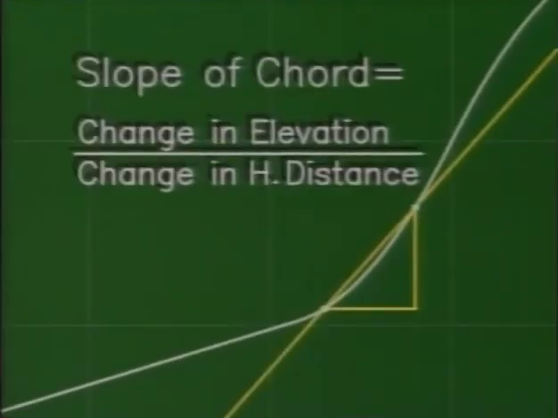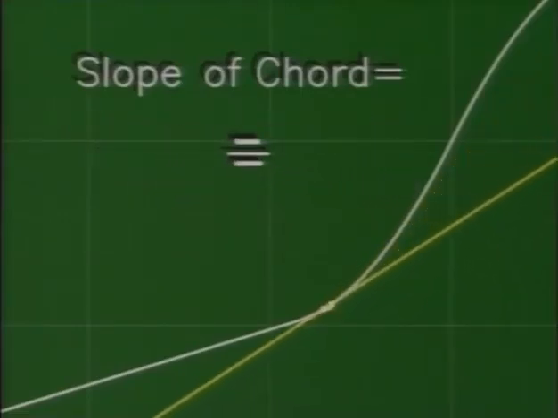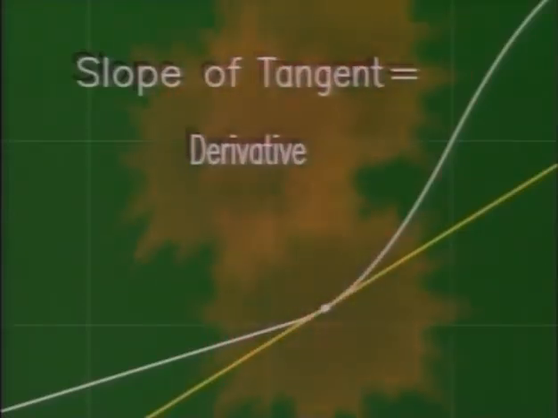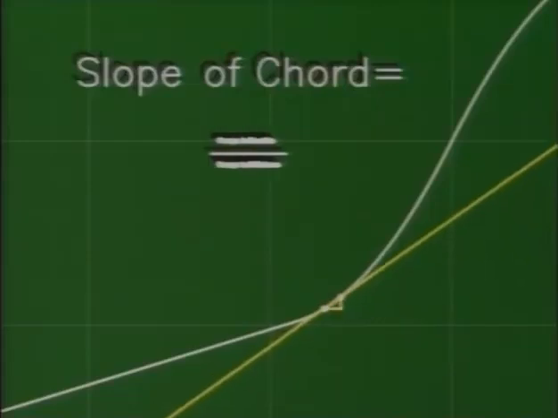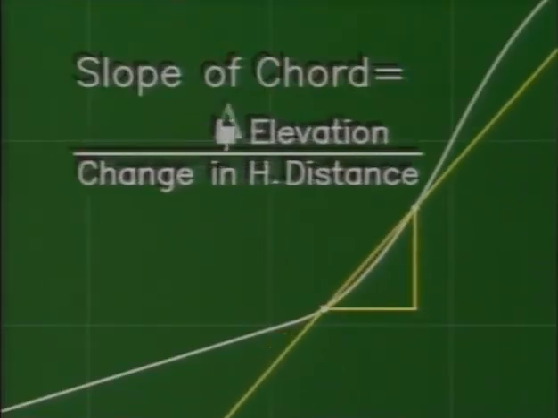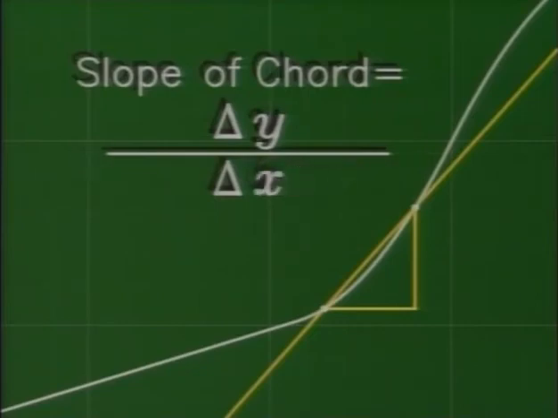In any case, a derivative is what happens to a quotient, a ratio of 2 numbers, as both top and bottom shrink to zero. Before they actually reach zero, small numbers are marked by the Greek letter delta. Delta y is a small change in y. Delta x, a small change in x.